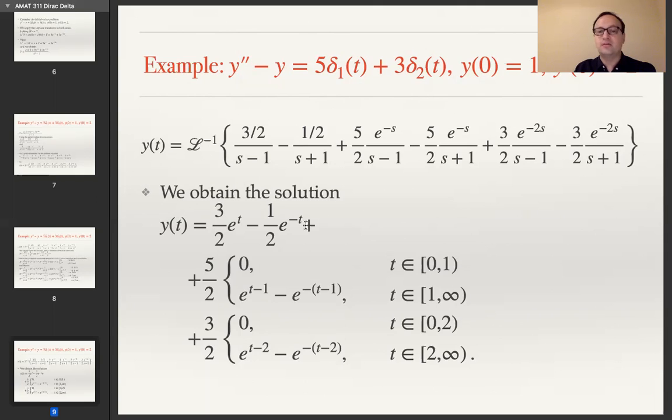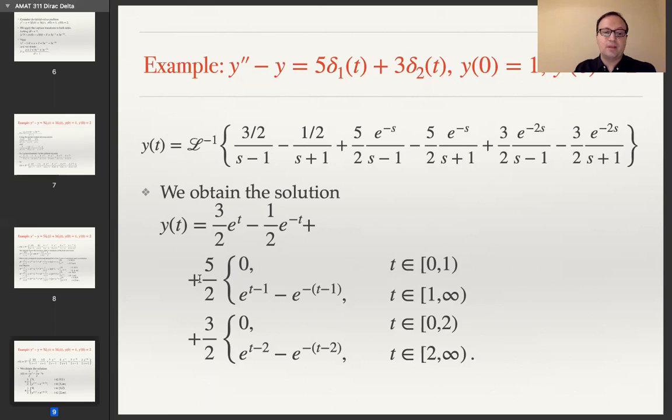And then we have the terms coming from these more complicated fractions that involve the Dirac delta functions.